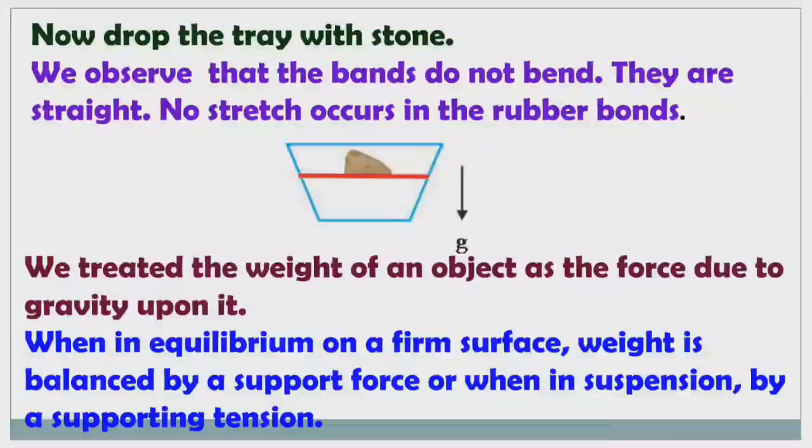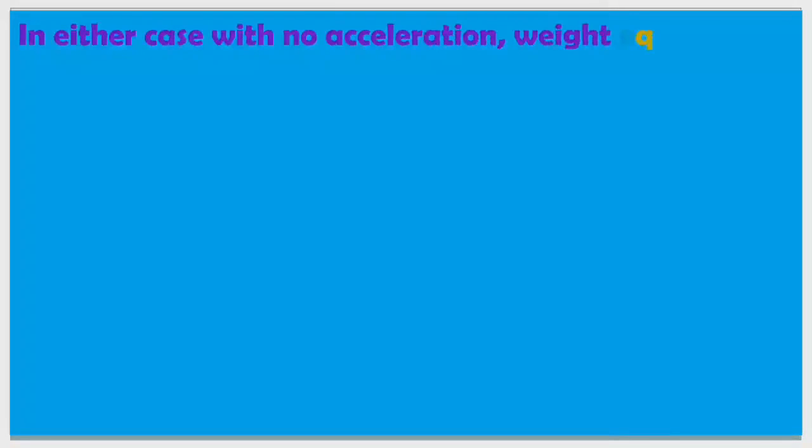If the object is suspended, then it is balanced by support in tension. A string has tension, a thread has tension, so it is supported by tension. In either case, with no acceleration, weight is equal to mg.